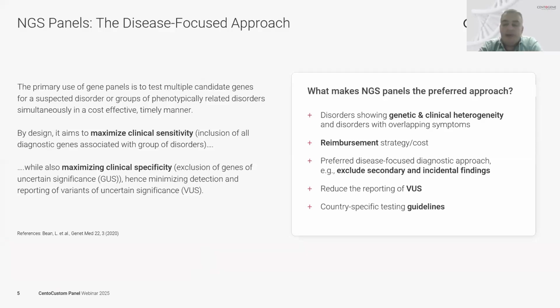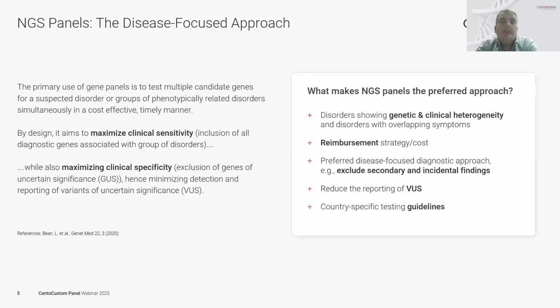The main goal of when to use a gene panel is to maximize clinical sensitivity, meaning bringing together, testing at the same time, a group of genes that are known to cause disorders that have overlapping clinical features, but at the same time, reducing or even sometimes excluding incidental findings, secondary findings, and variants of unknown significance that sometimes are more difficult to deal with in the clinical practice.